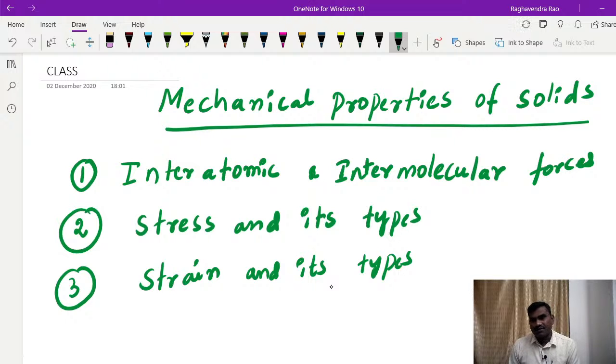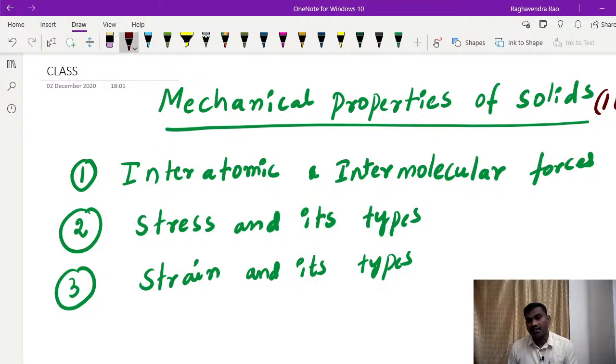From the chapter of mechanical properties of solids, in the NEET examination they have continuously been giving one question. It is a very small chapter when you compare it with other chapters, and also a very important one, because you can solve the numericals related to this chapter. The most important concept of the chapter is Young's modulus.